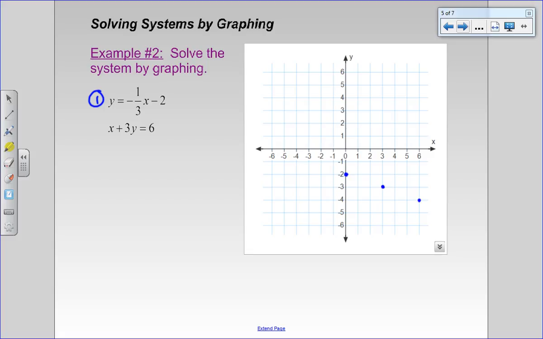We could also find more points by moving the opposite direction, back to the left 3 and up 1. And then when we connect these points, this blue line will show all the solutions of this first equation in our system.